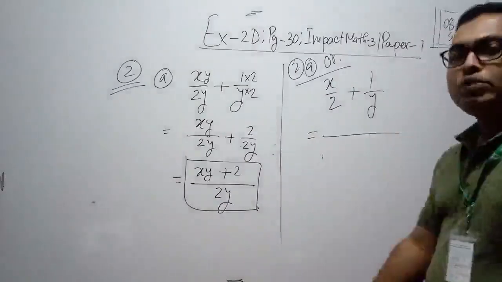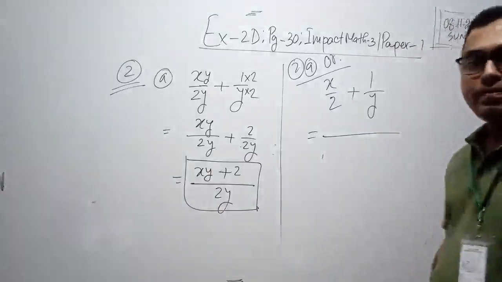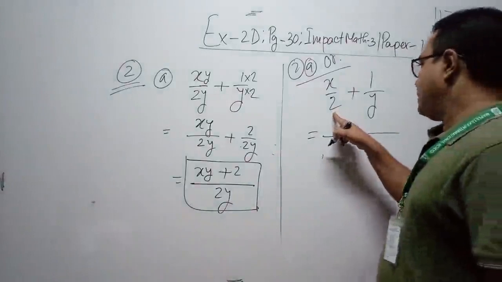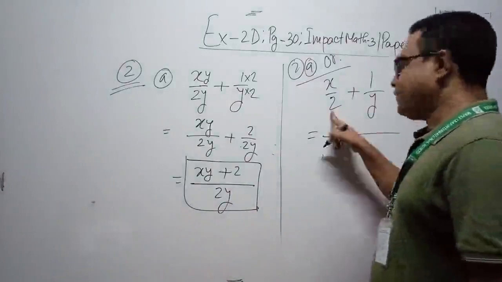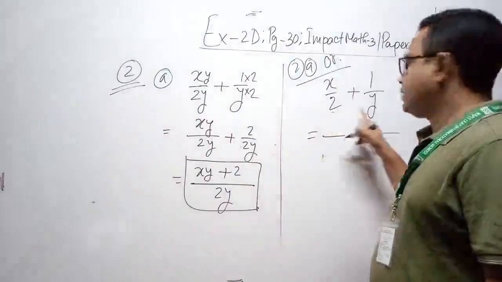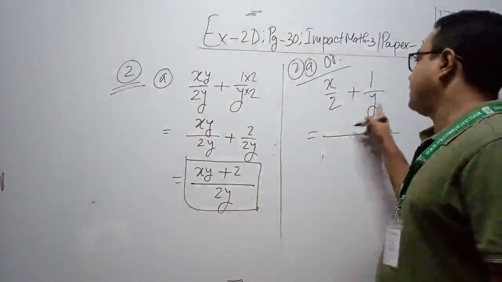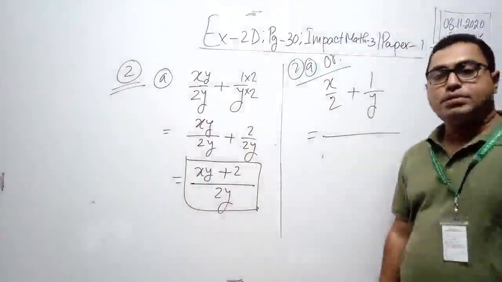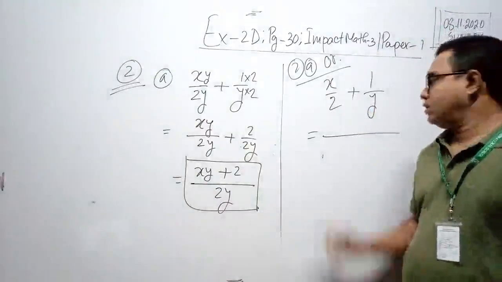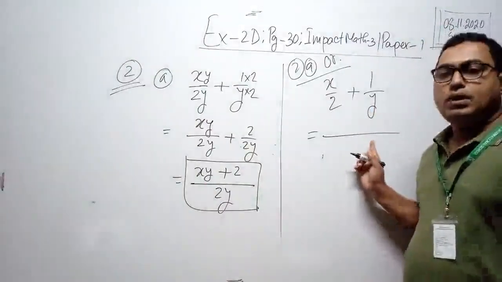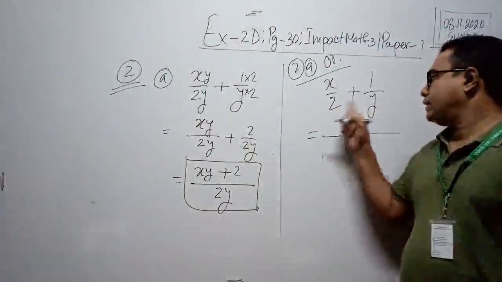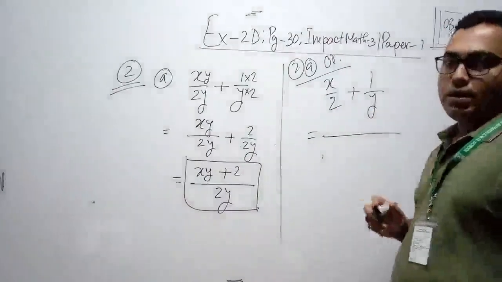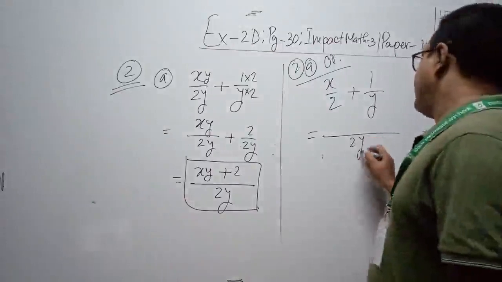You know how to make LCM, lowest common multiple. If the denominators are different, look here. Here LCM will be common into uncommon. Here nothing is common, only one is common. Uncommon is 2 and y. So their multiplication will be 2y.